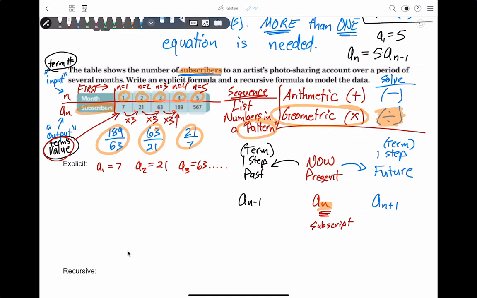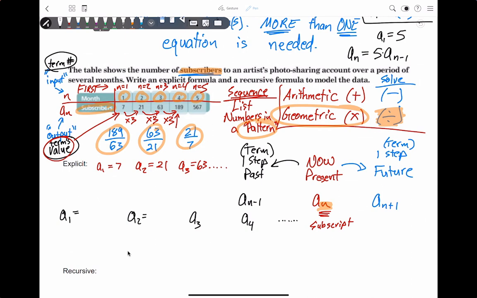Okay, so now let's rewrite this as far as establishing what is the pattern that we see. We're going to say a sub 1 is equal to something, a sub 2 is equal to something, and it's just going to keep going. A sub 3, a sub 4. Again, all we need is 3 examples, but let me just do one more for good measure, and then we'll keep going.